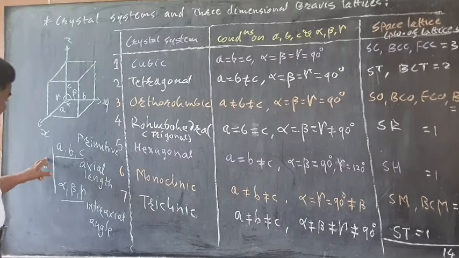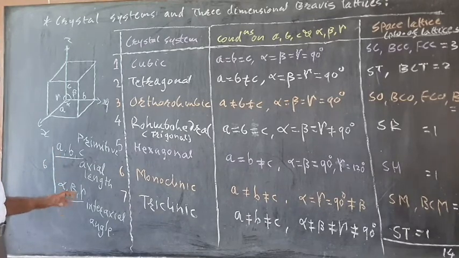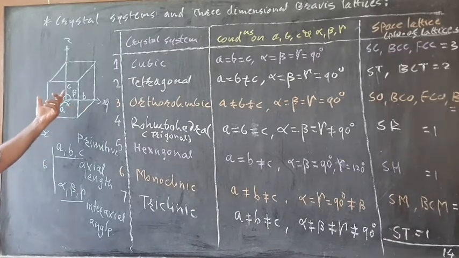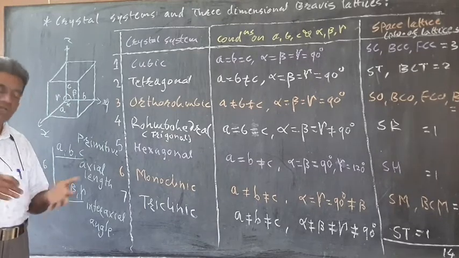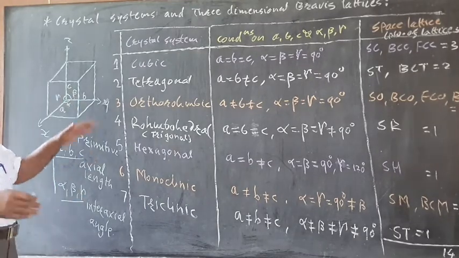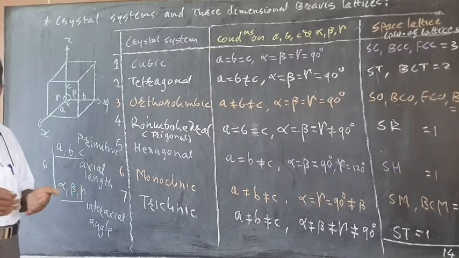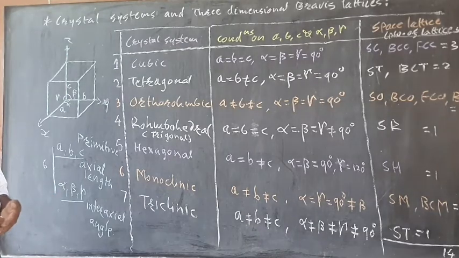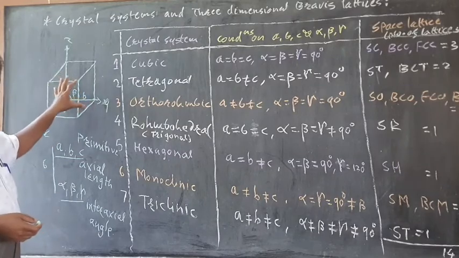Now, by putting restrictions on A, B, C and alpha, beta, gamma, different kinds of unit cells can be constructed, in such a way that the unit cell also follows the definition of the space lattice, and follows the symmetry operations, orientations and space groups.